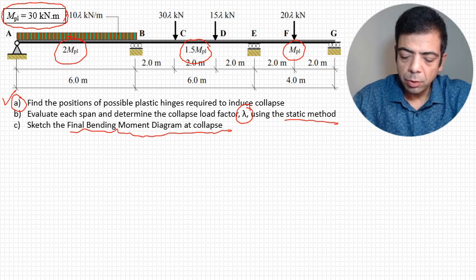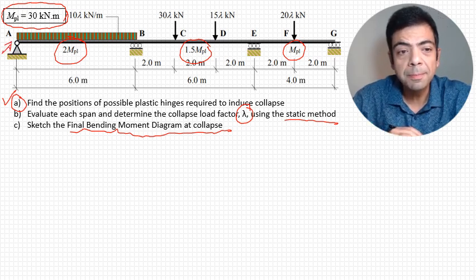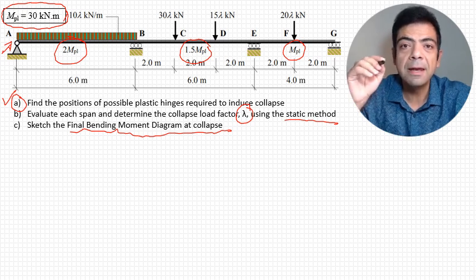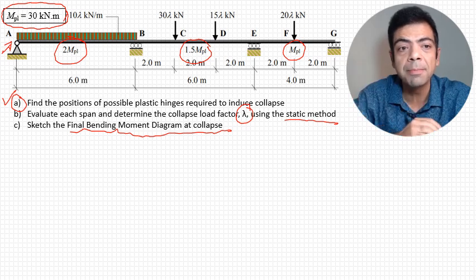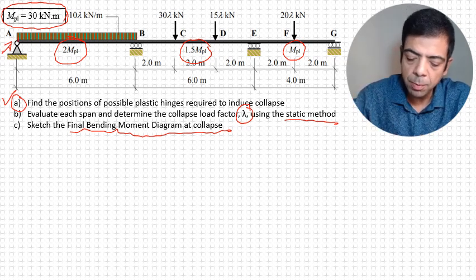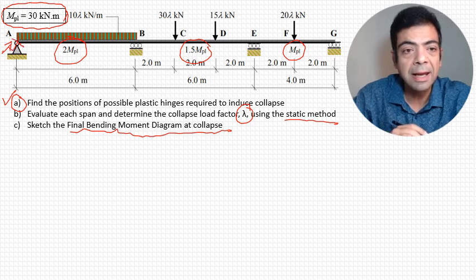Let's start with joint A. Is joint A a fixed support or a pin support? If it was fixed, then there would be a potential plastic hinge at A. But because it's a pin, there is no possible plastic hinge at A.